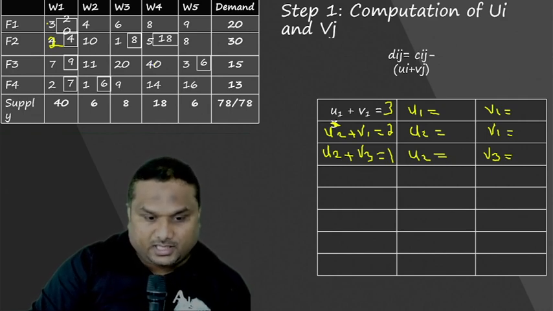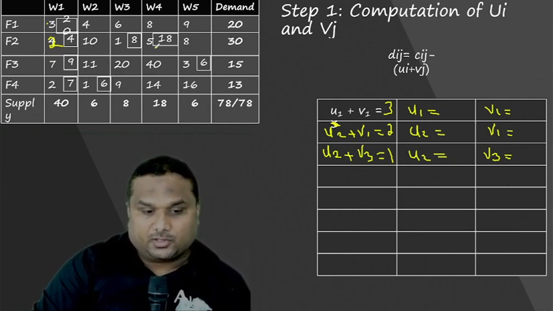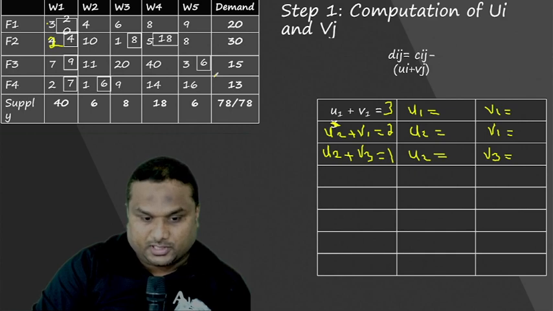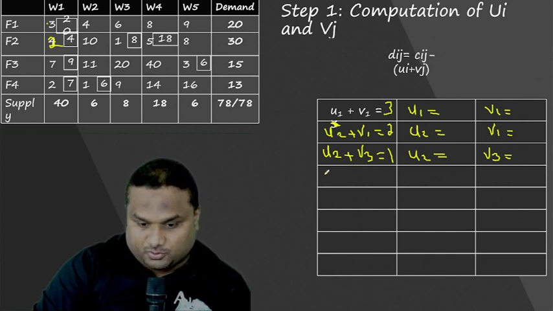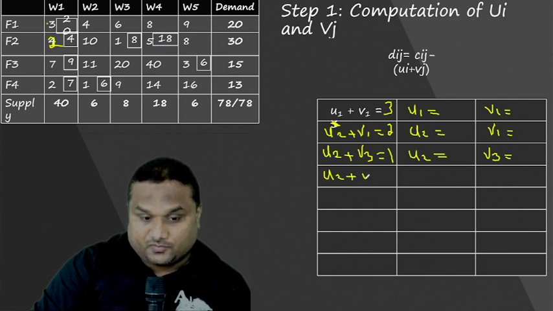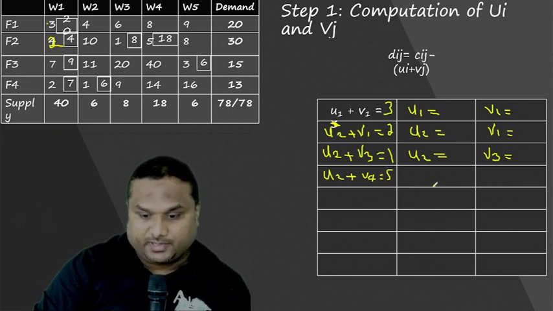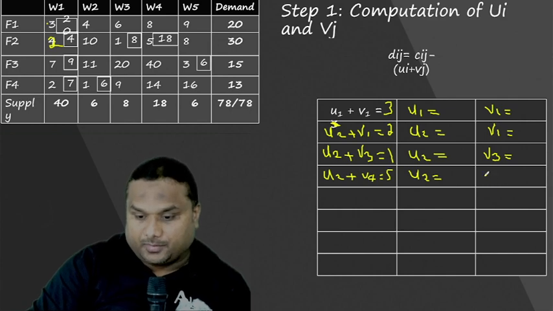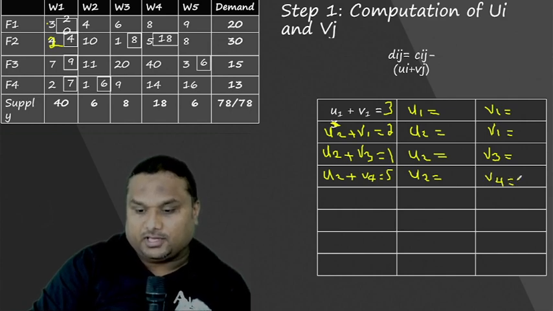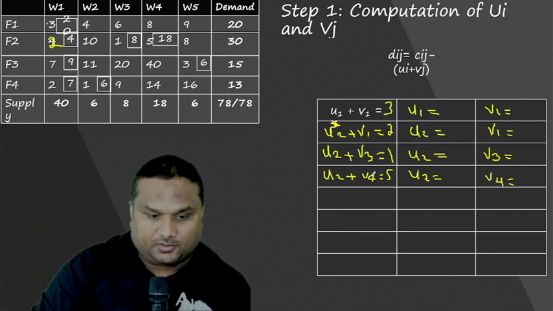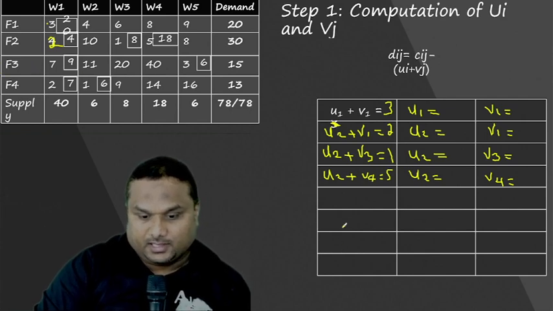Next allocation: U2 plus V4 equal to 5. The cost is 5. Now I am writing U2 equal to, V4 equal to.